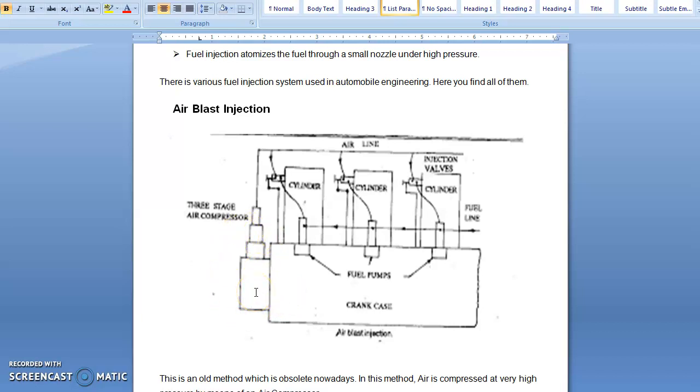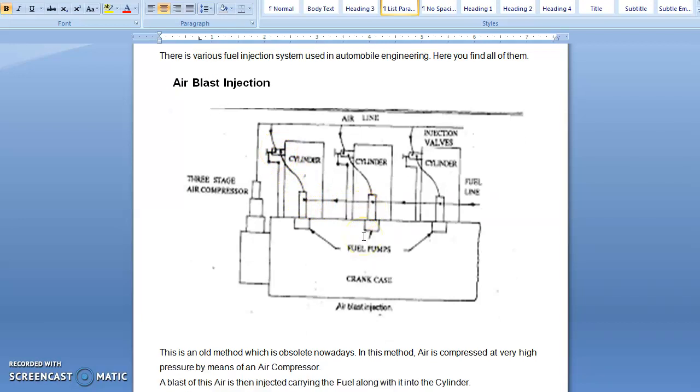From that reservoir, through a steel pipeline, the air lines are interconnected to the intake manifold of these cylinders. Here we have three fuel pumps. That means in every cylinder we have an individual pump, and here is the fuel line, which is connected to the injector.